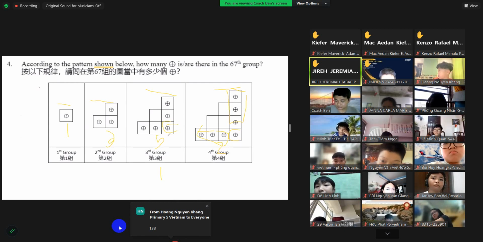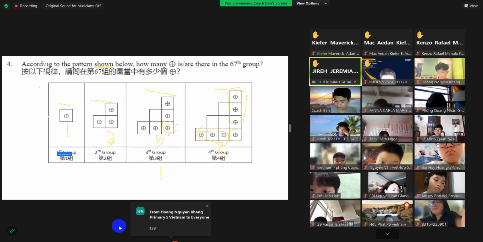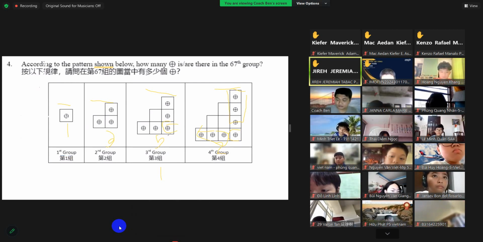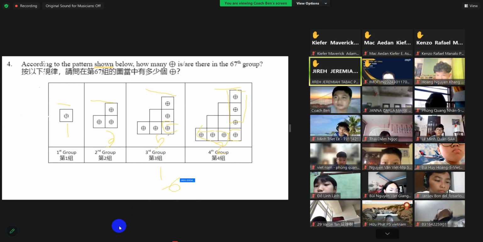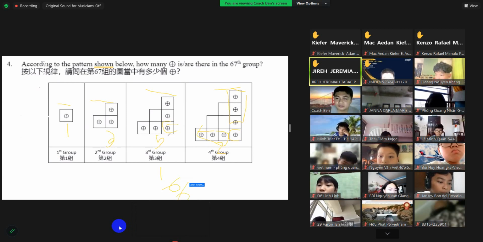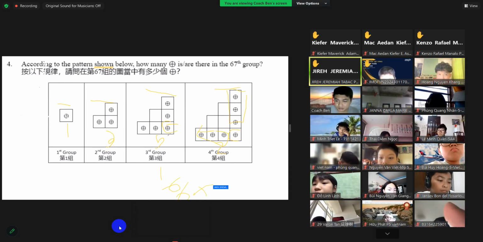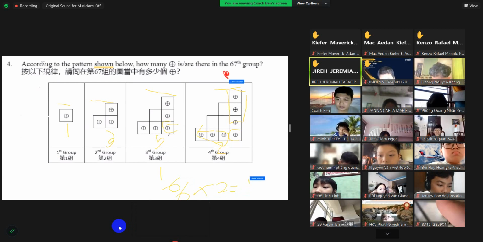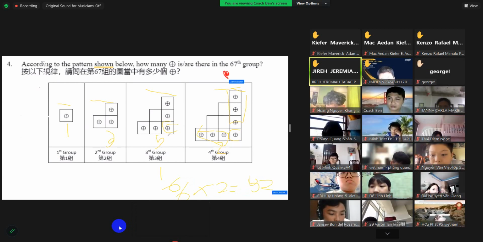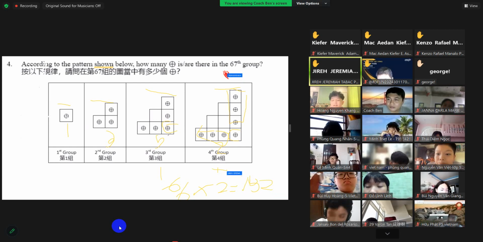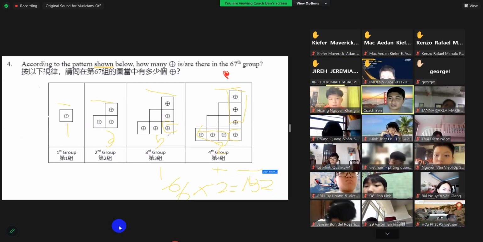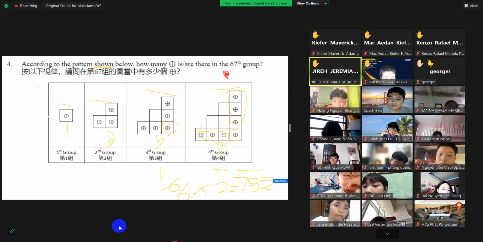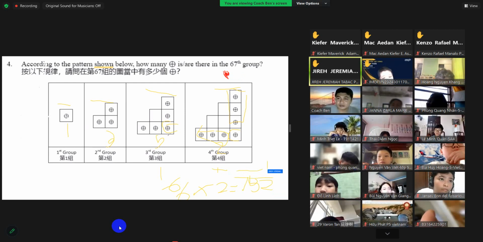So 67 minus 1 is 66, and there are two of these, so 66 times 2 is equal to 132, plus 1 is equal to 133.